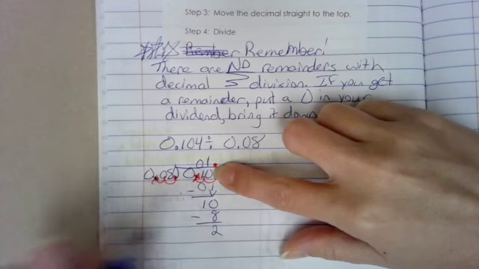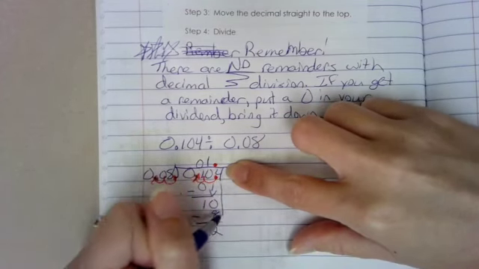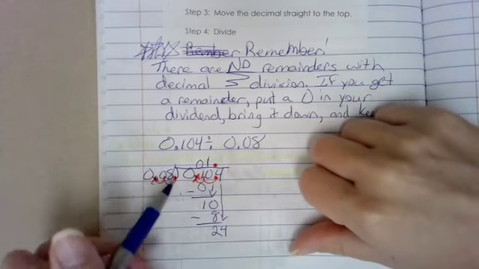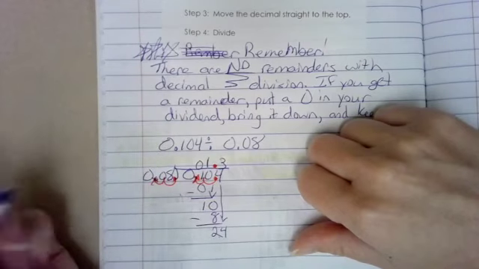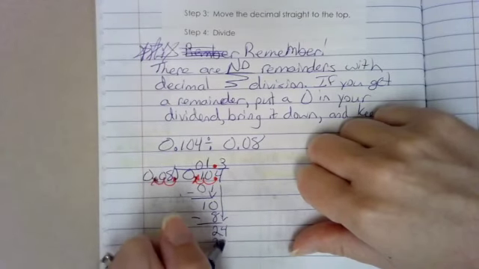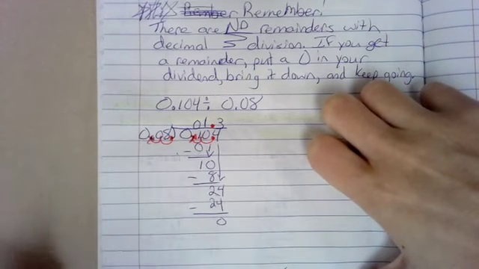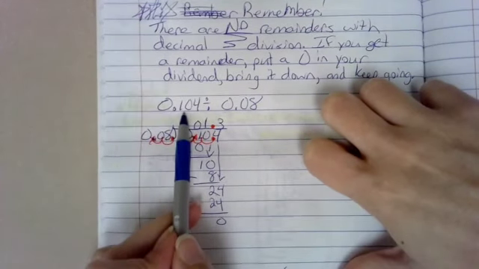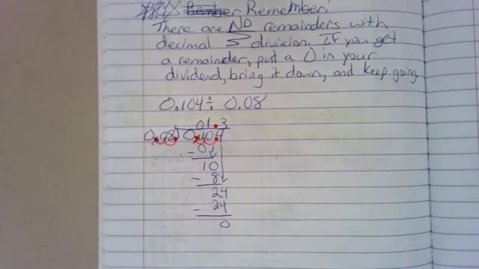We subtract and get 2. 2 is less, so we bring down our 4. 24 divided by 8 is 3. 3 times 8 is 24. And there is no remainder. So 104 thousandths divided by 8 hundredths is 1 3/10.